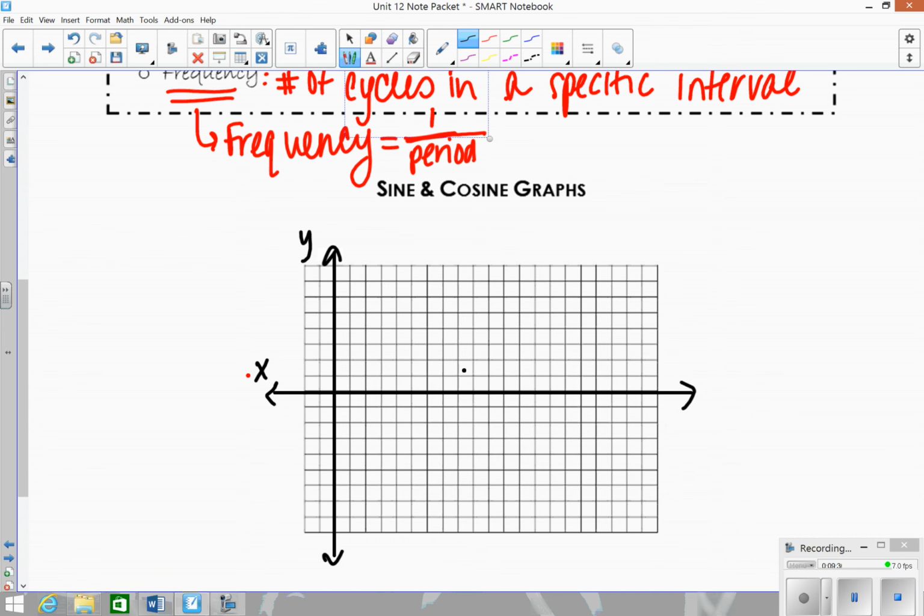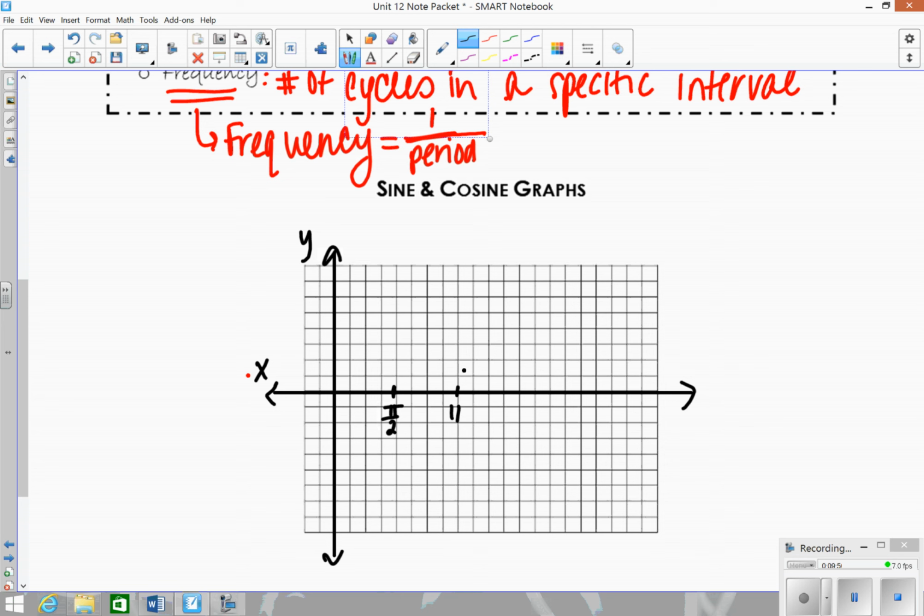So what we're going to do is graph our key points. I'm going to do basically 0, 90, 180, 270, and 360, but I'm going to do them in radians. I'm going to do every 4 here: 1, 2, 3, 4. I'm going to draw a hash mark. This will be pi over 2, just to spread this out more. 1, 2, 3, 4.